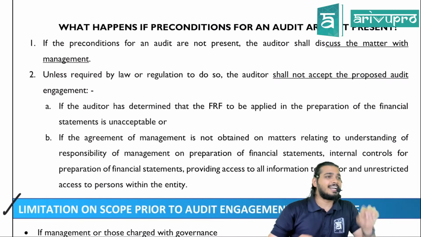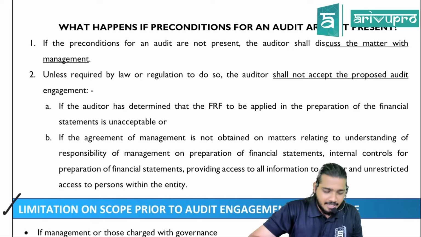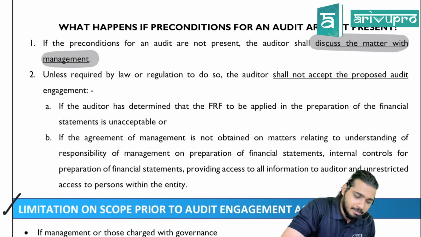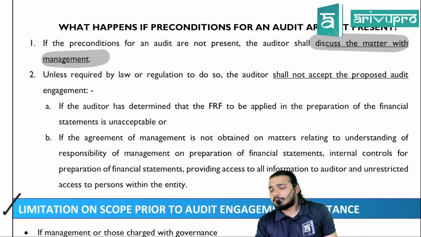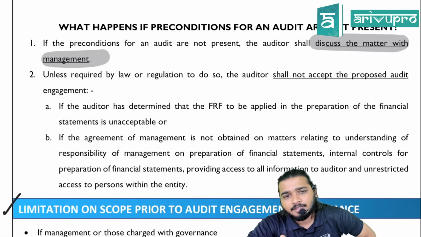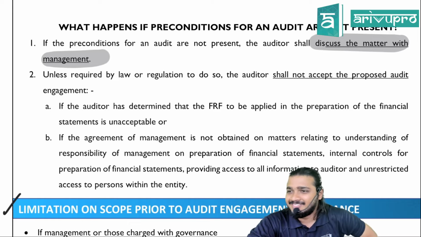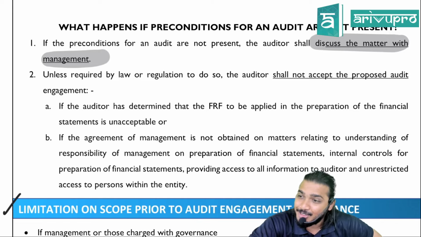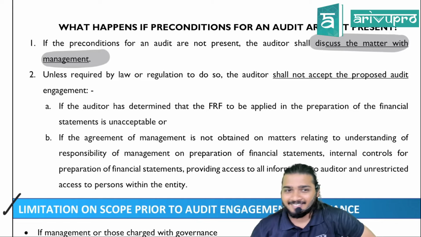Right. What if preconditions are not present, sir? Number one, discuss the matter, ask them, why? Why are you not giving me the information? Why are you not giving me unrestricted access to people within the entity?